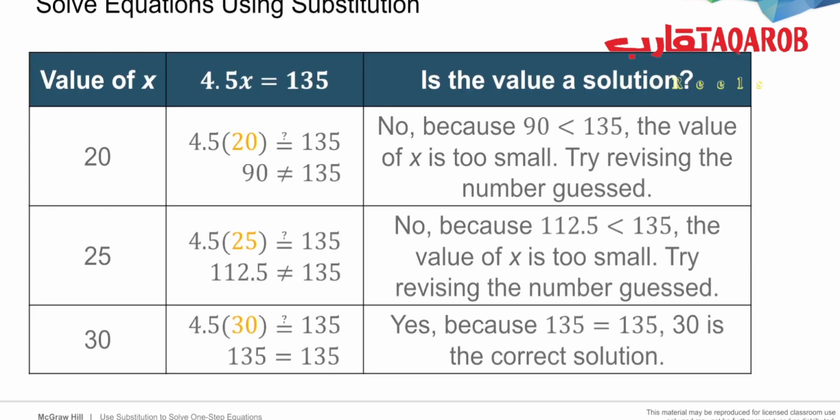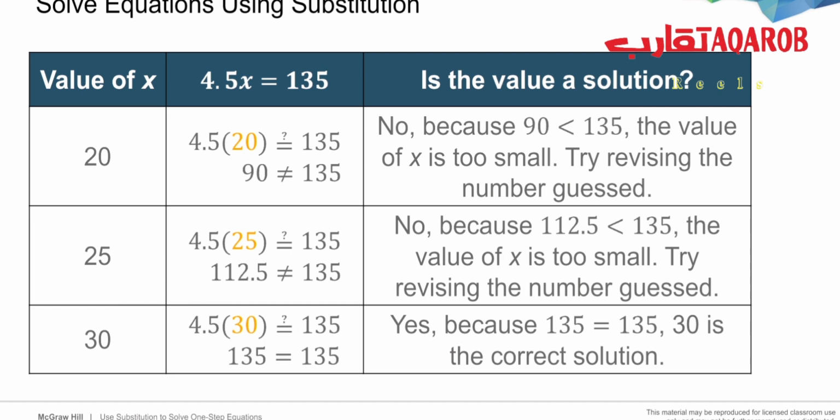If you try 20, 4.5 times 20 is 90. It's not 135, but I know from this trial that I have to increase the value of x.